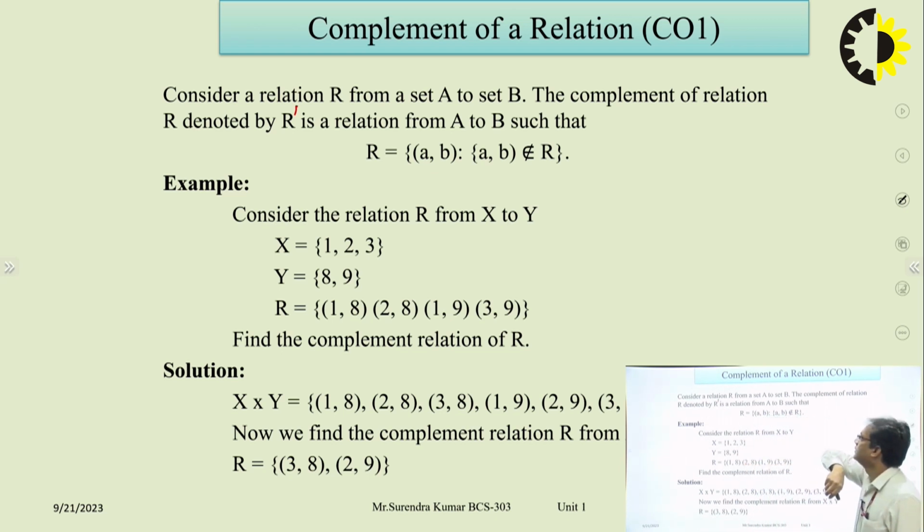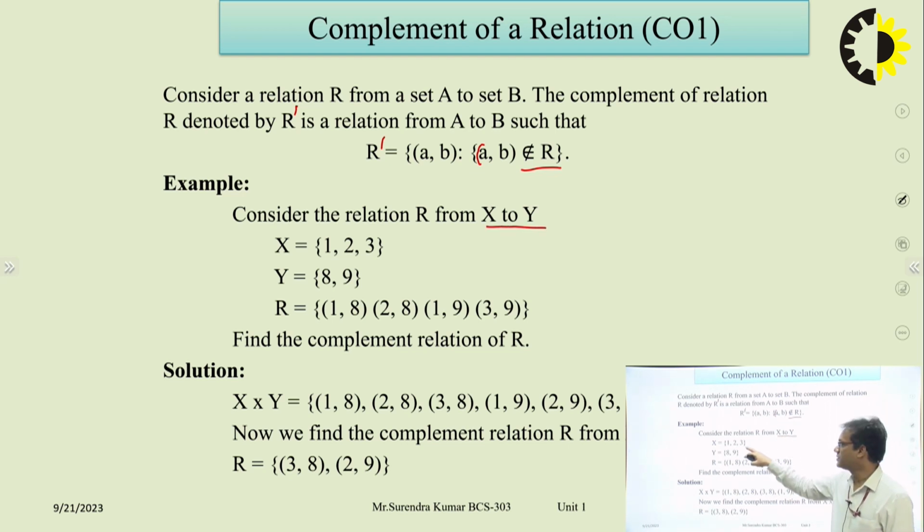R dash will be the set of (a, b) such that the pair (a, b) is not related by R. That means those ordered pairs which are not in R will be your R complement. We can take it with an example. The example is, consider the relation R from X to Y.